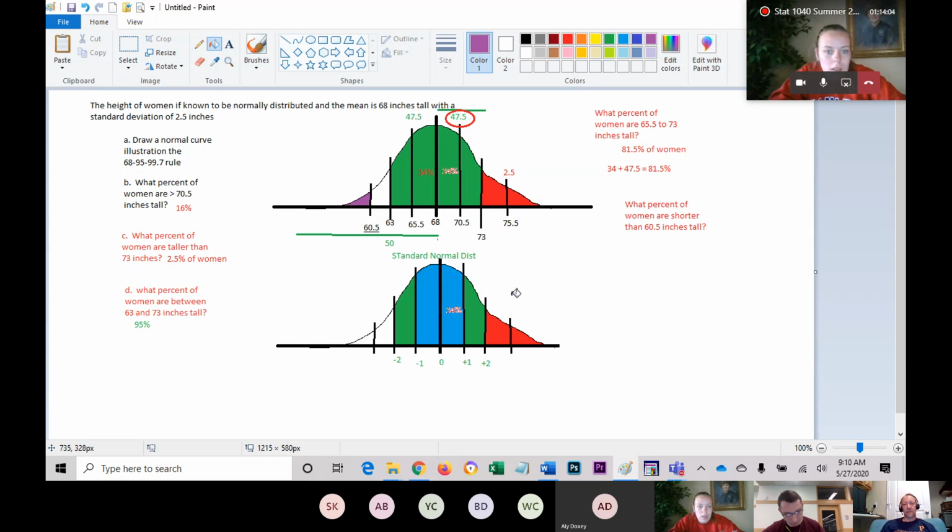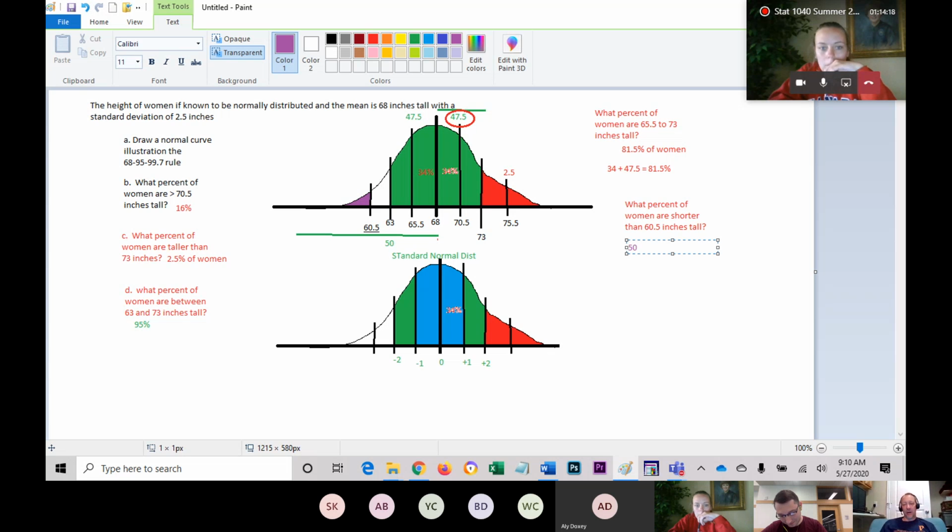Would we do 50% minus the 47.5? I hadn't thought of doing it that way, but that's a good way to do it. Because we know that 50% of women are less than the mean. That was a good guess, but you can use the same sort of idea. You ignored the white part. You subtracted the green part, but we've got the white part in there too.